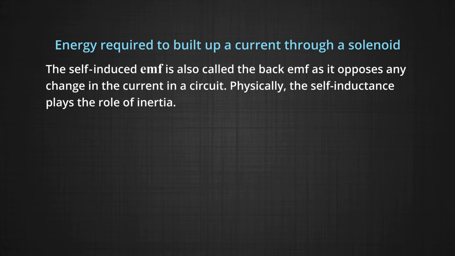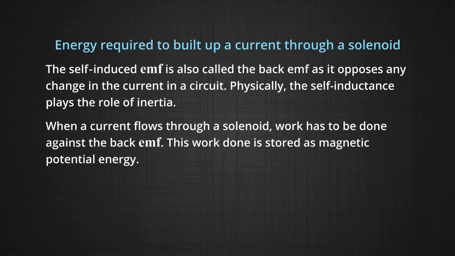So, physically, the self-inductance plays a role of inertia. When a current flows through the solenoid, work has to be done against the back EMF. This work done is stored as magnetic potential energy.